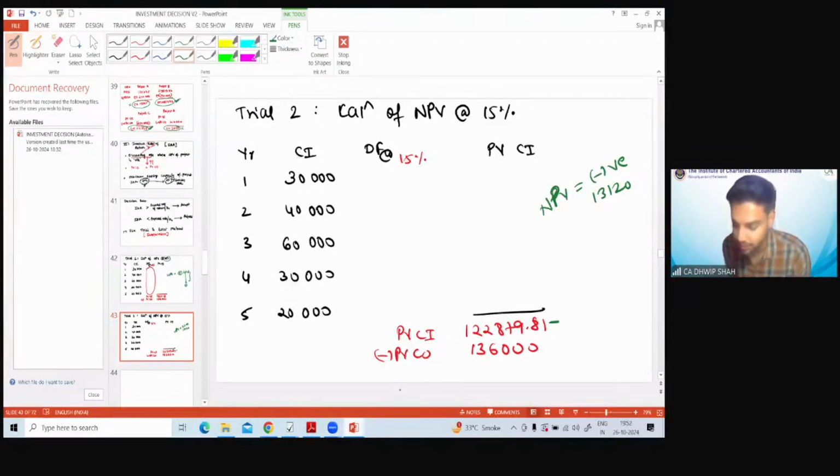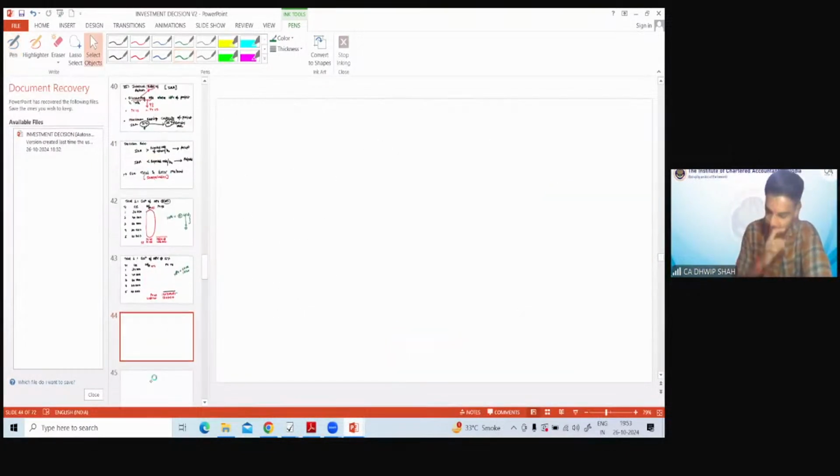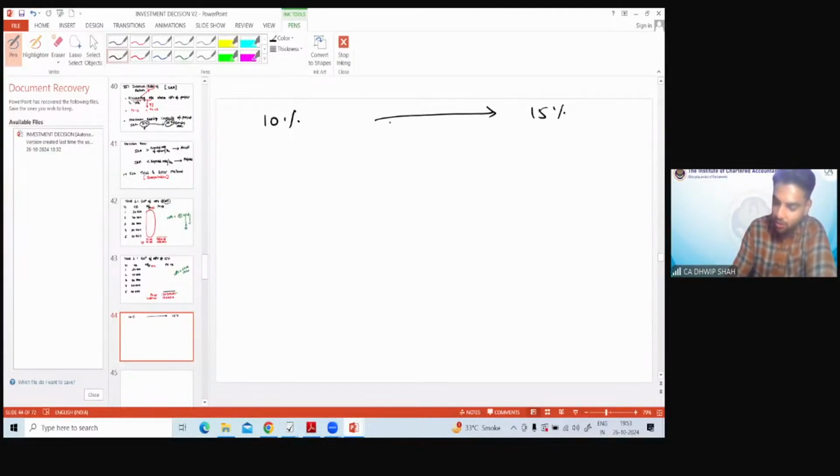So is this 15% my IRR? Obviously not, because NPV is negative 13,120, and NPV should be 0 for IRR. But at least I can draw a conclusion that IRR would lie somewhere between 10% and 15%. How did I conclude this?